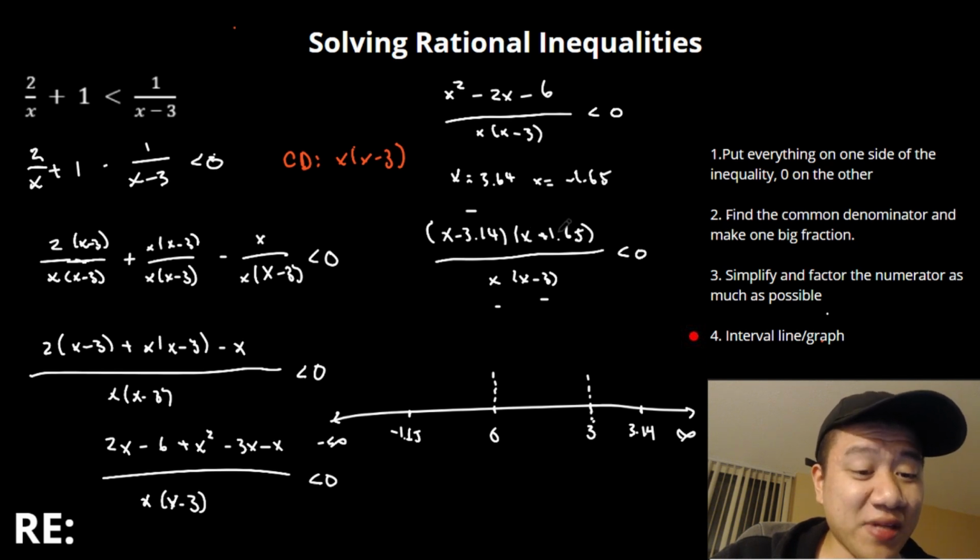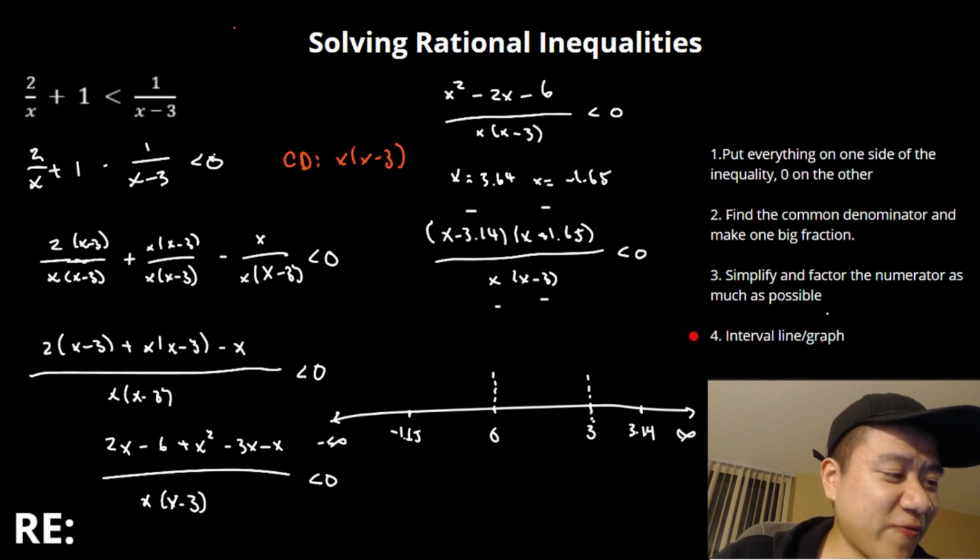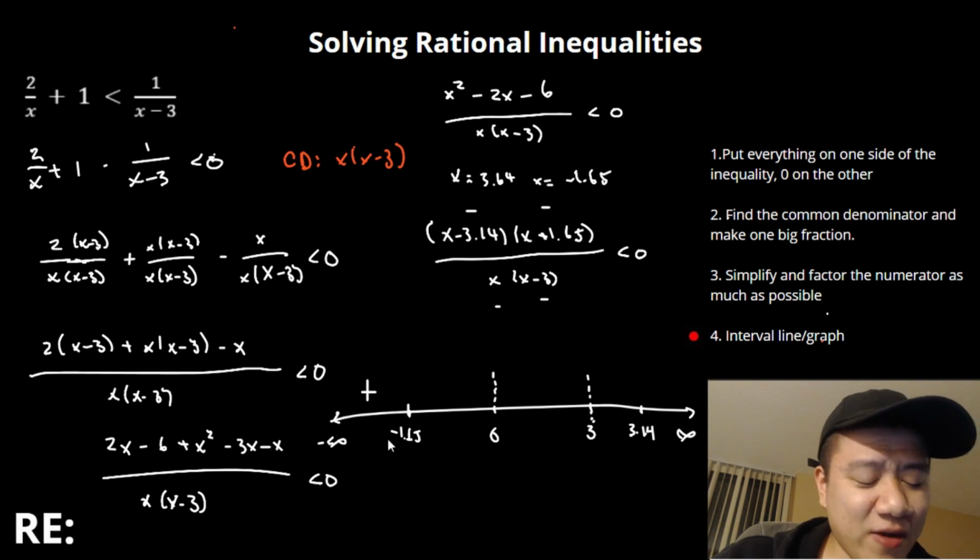Negative 2 plus 1.65 is also a negative number. So overall, since we have 4 negatives here, we have a positive number, and therefore this interval is going to be positive. Sweet.